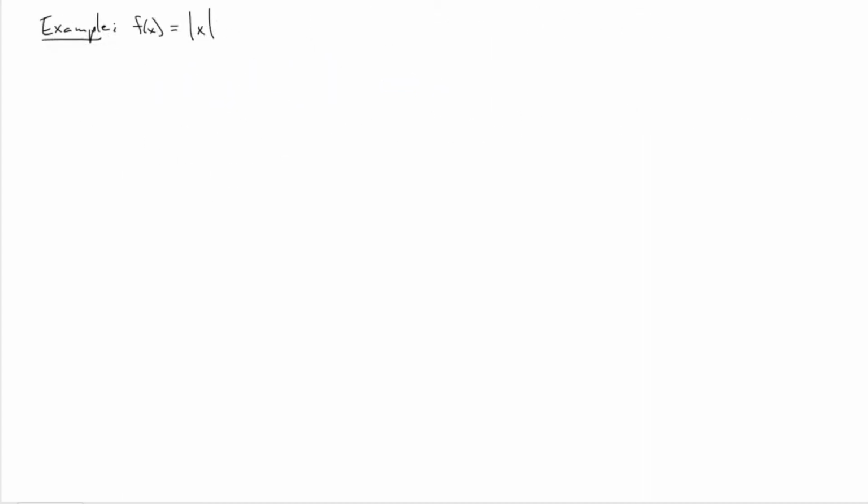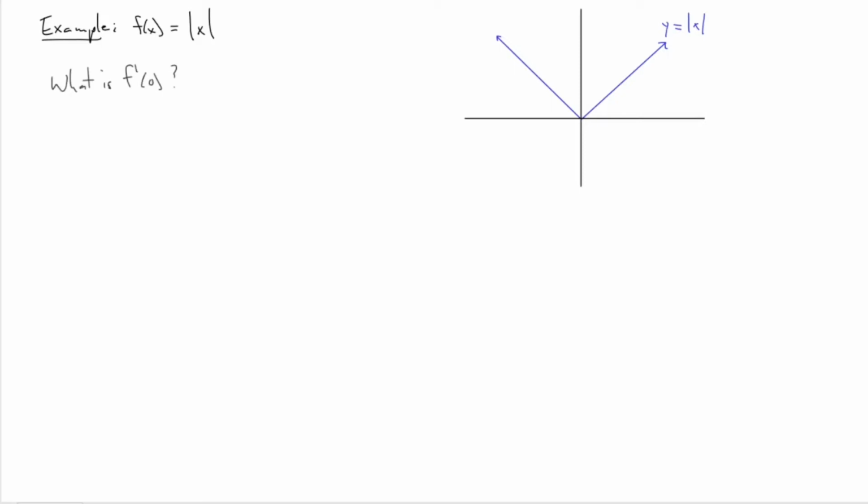And let's start with the classic example, f of x is equal to the absolute value of x. And I've sketched a quick graph of the absolute value of x over on the right. And we can ask ourselves the interesting question, what is f prime of 0? What is the derivative of this function at x equals 0?